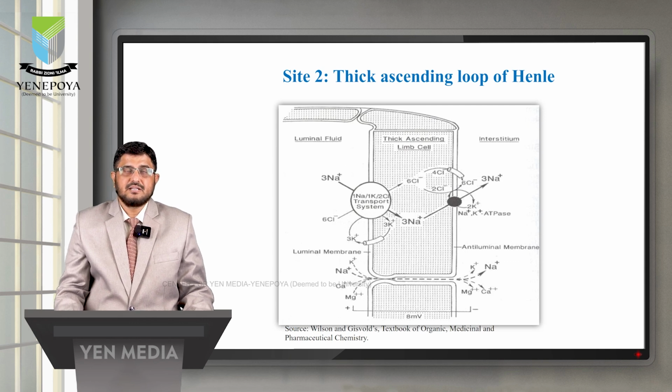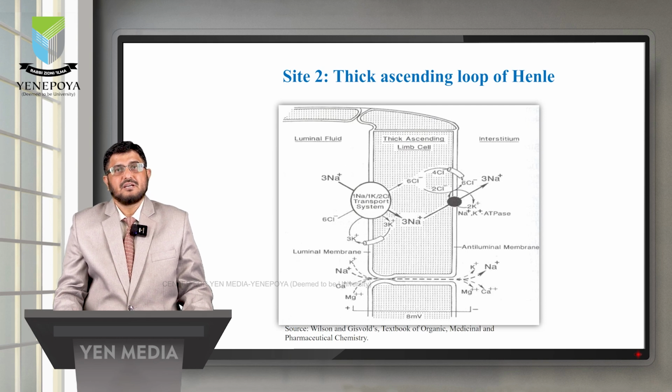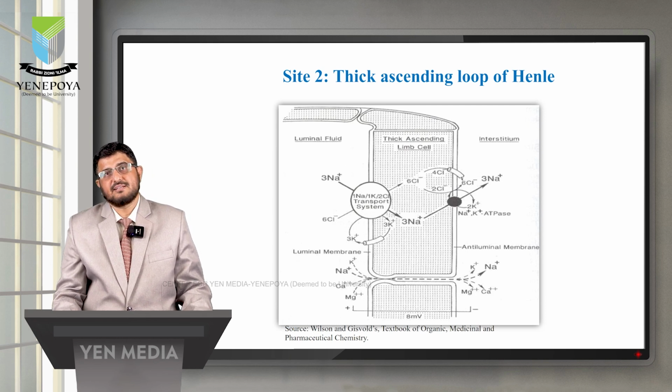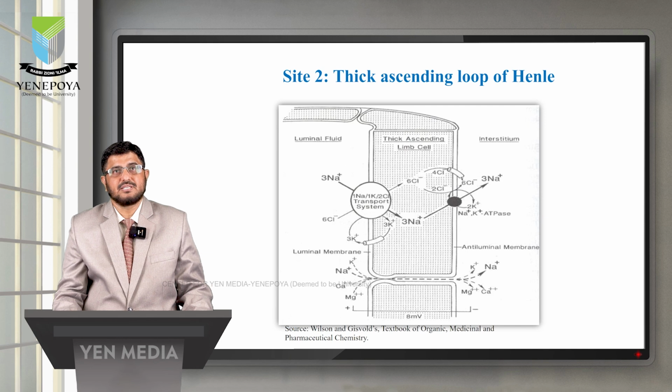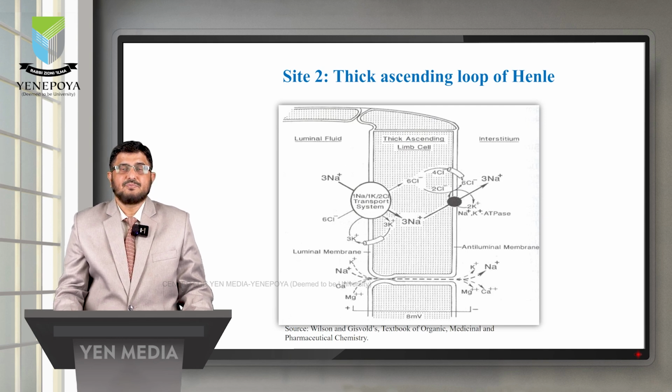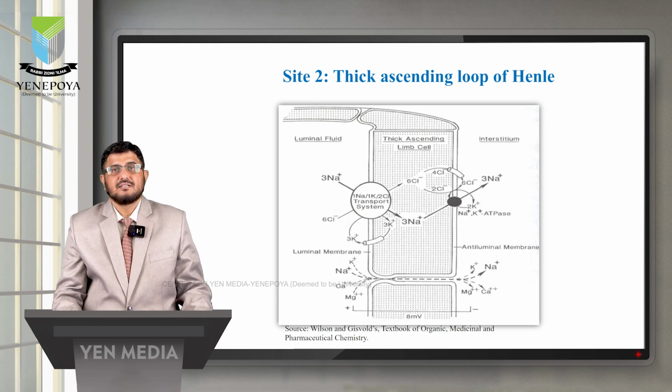So, the intracellular level of potassium will increase. That will be excreted through the potassium channel, or we can say comes back into the tubule. So, the excess potassium makes electropositivity in the tubular region, or we can say the thick ascending loop of Henle.